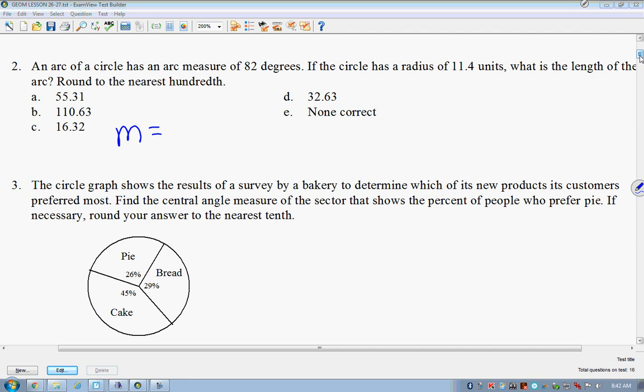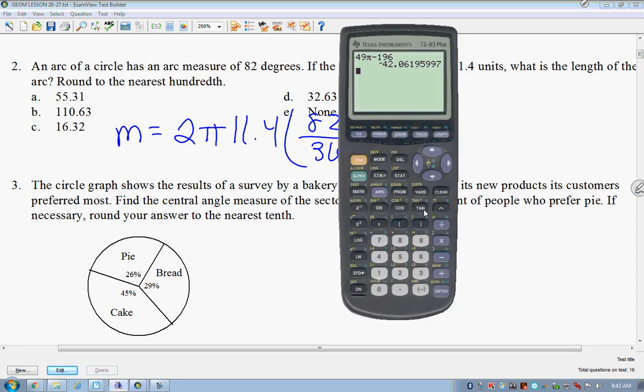2 pi 11.4 times 82 over 360. Two pi 11.4.